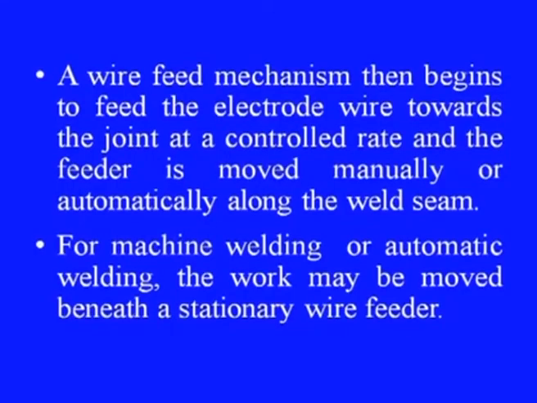A wire feed mechanism then begins to feed the electrode wire towards the joint at a controlled rate, and the feeder is moved manually or automatically along the weld seam. This is what we have just seen in the figure. For machine welding or automatic welding, the work may be moved beneath a stationary wire feeder.